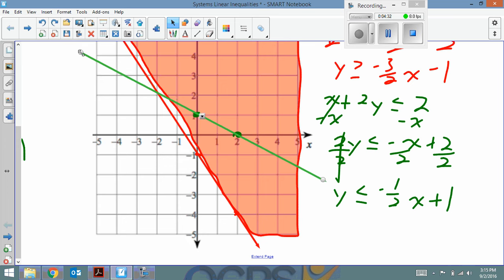Okay, and again, to figure out where we're shading, we look at the y-intercept. This currently says y is less than. So where is y smaller? The y is smaller down here below it, so I'm going to go ahead and shade down below.